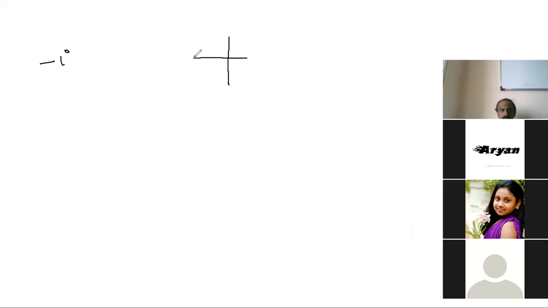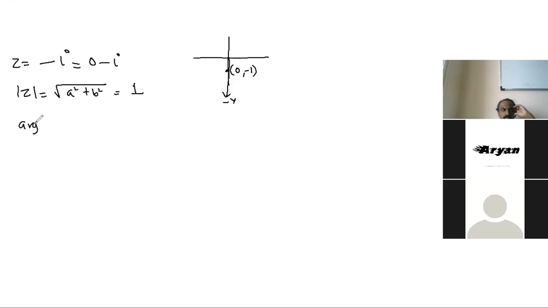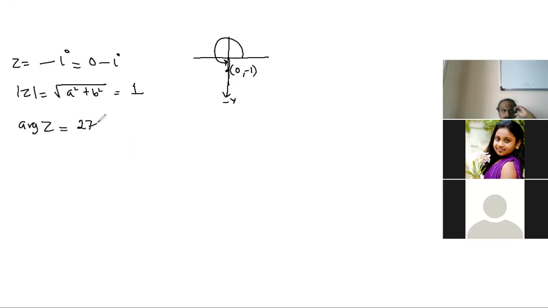Minus i means where will it fall? Not the fourth quadrant, on the axis, the negative y-axis. So we can just directly write the modulus. This is 1. a is 0, 0 minus i, should be 1. And for the argument of Z, you have to look at it and don't use any formula. 270 degrees, that is 3 times 90 degrees, 3 pi by 2 radians.